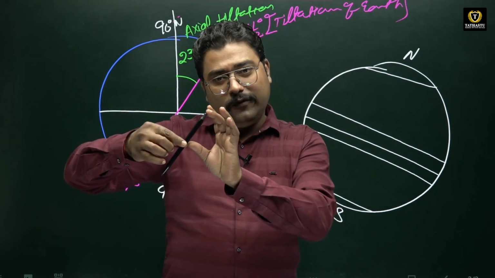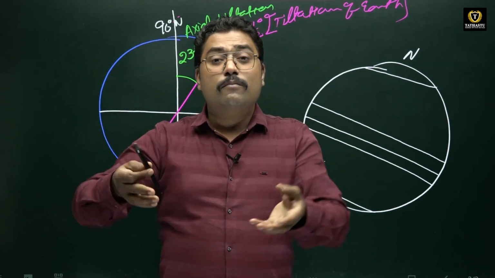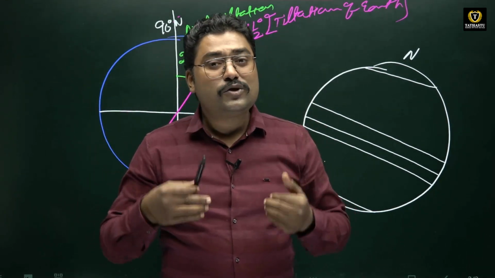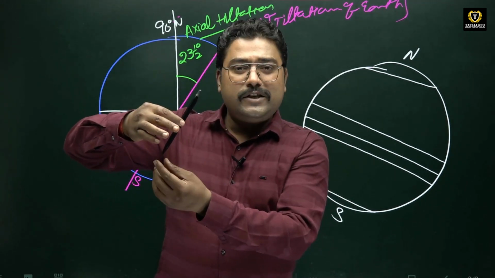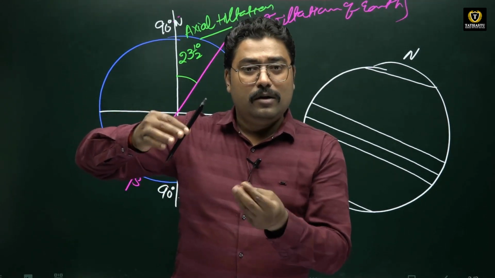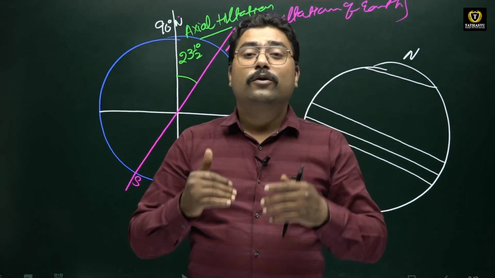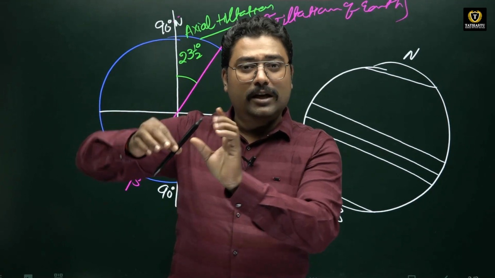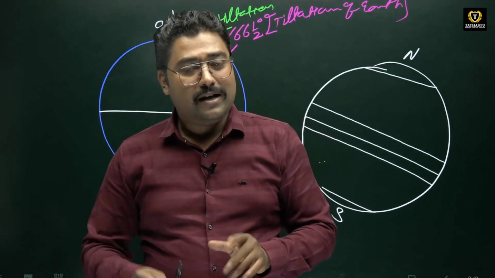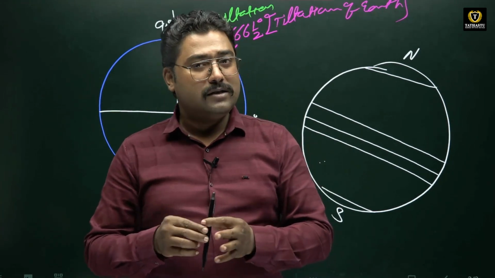So the part of Earth which is near to the Sun will receive more sun rays, more insolation, so it will be hotter, and the part which is away from the Sun will receive less sun rays and will be colder. That's why the part which is near to the Sun will experience summer season and the part which is away from the Sun will experience winter season.